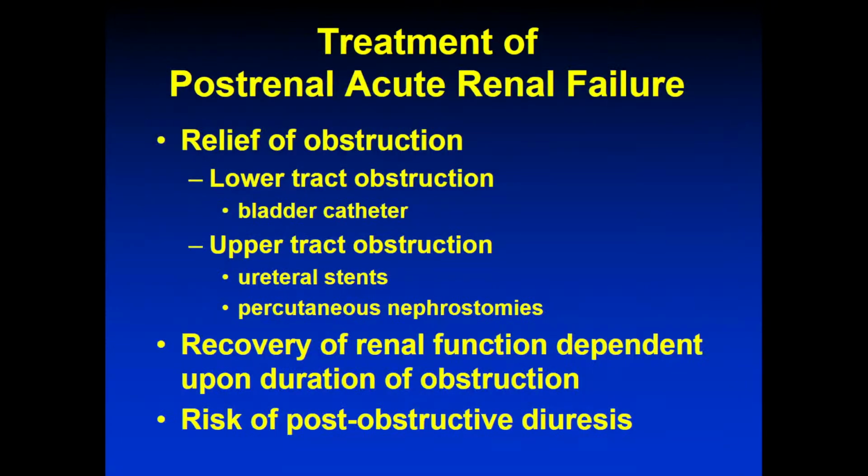How to treat post-renal acute renal failure? I want to repeat, it's a urological problem. We have to relieve the obstruction with a bladder catheter in the case of lower tract obstruction, and in upper tract obstruction with the usage of ureteral stents, percutaneous nephrostomies.